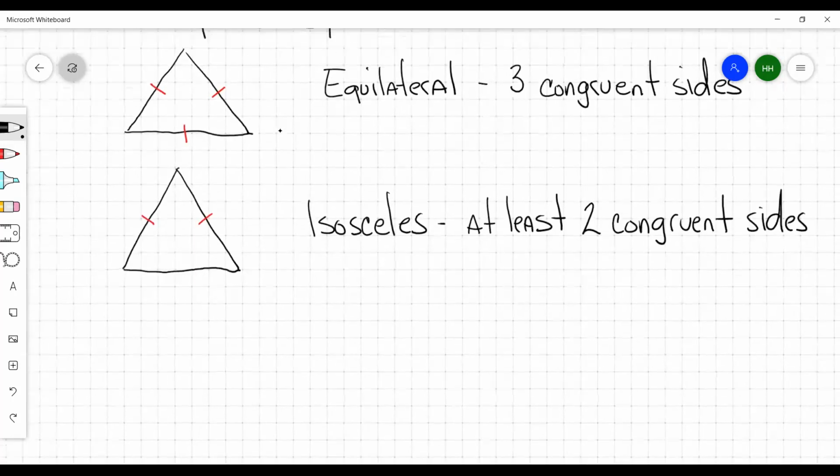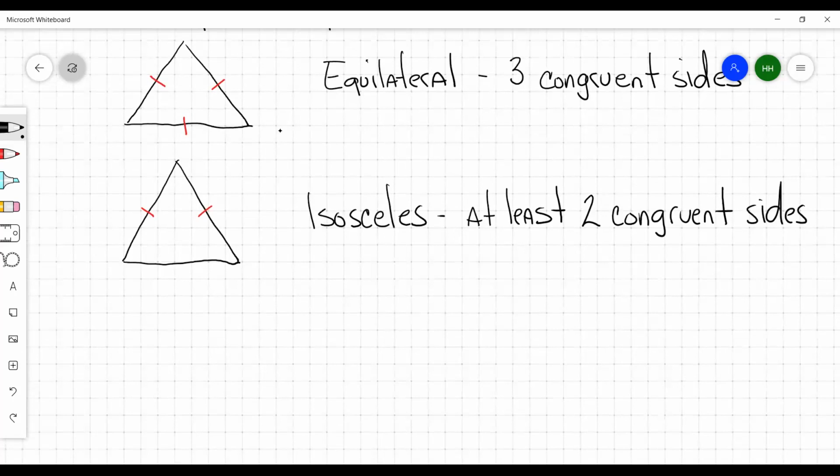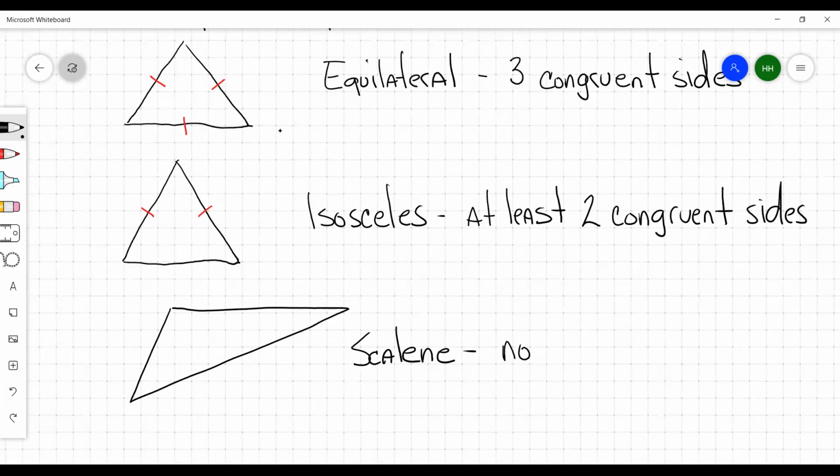All right, so there's only one left, and that is called scalene triangle. Triangles that are classified as scalene, they have no congruent sides. None of the sides have the same length. Simple enough.